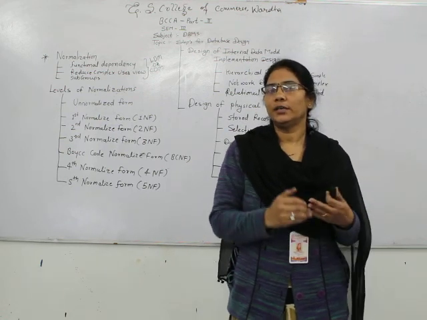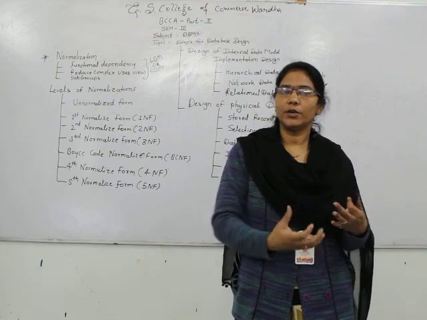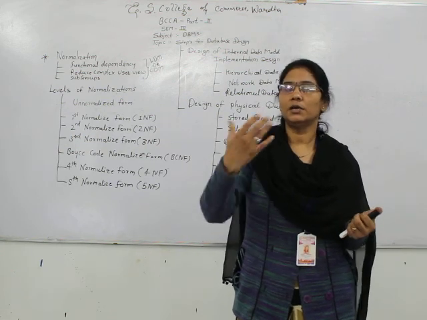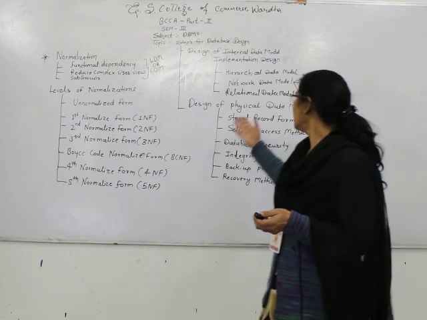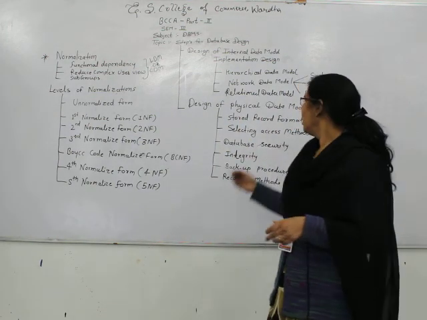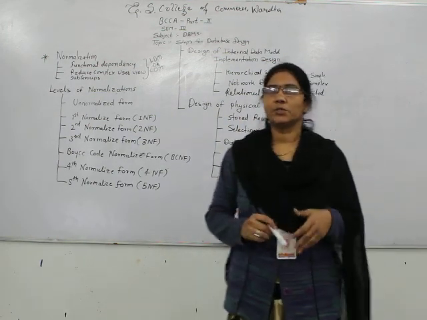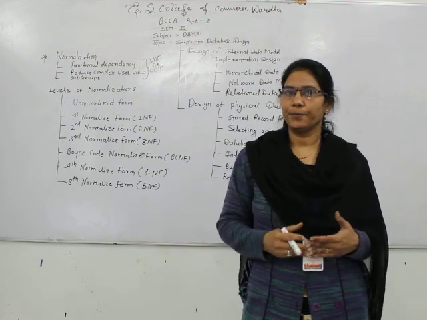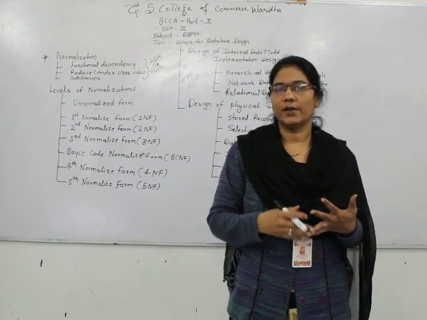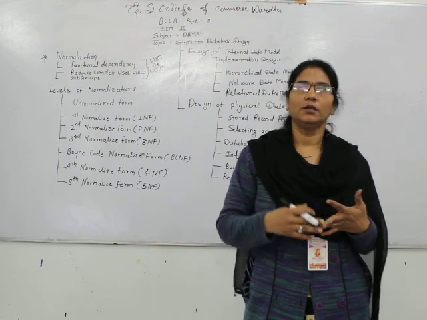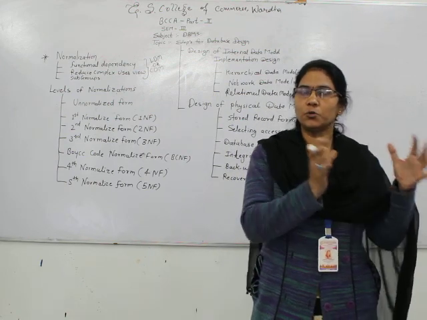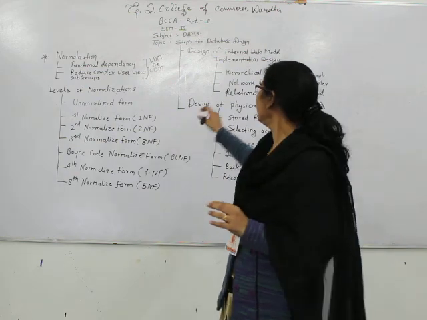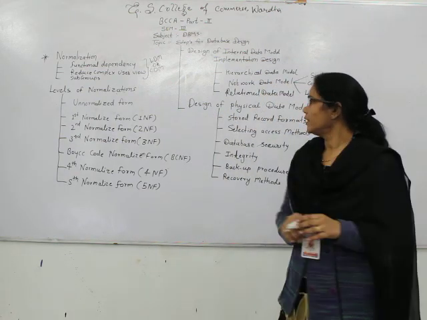So we calculate the volume of the data, and according to that we decide more parts of the physical data model, like the stored record formats, meaning in which format we are going to store our data: Excel sheet, file format, or other formats. Those formats we have to decide in the physical data model.